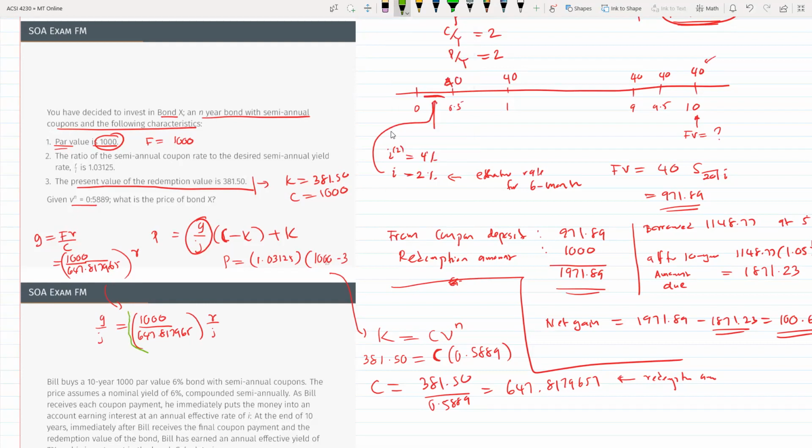This entire thing is G. When you're dividing by J, you are including J there, so that's why you get J here.